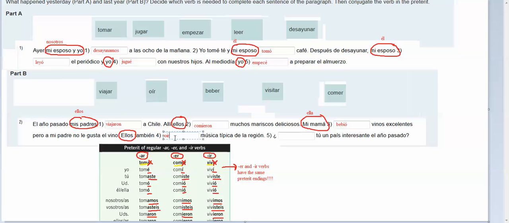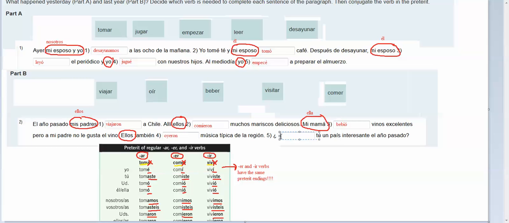Okay. So if I get rid of the IR, then the ending that I'm supposed to add for ellos is IERON, which would give me that situation where I would have three vowels next to each other. So rather than keep that, I'm going to change my I to a Y. Oyeron. Blank tú un país interesante el año pasado.